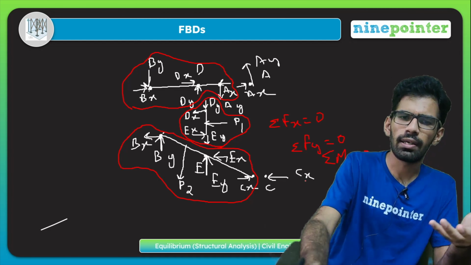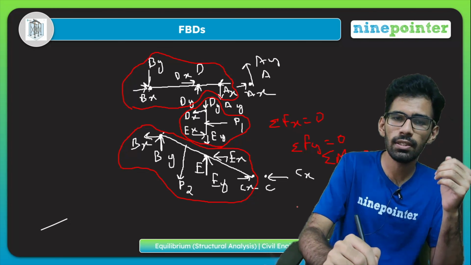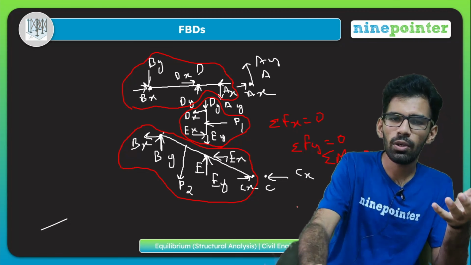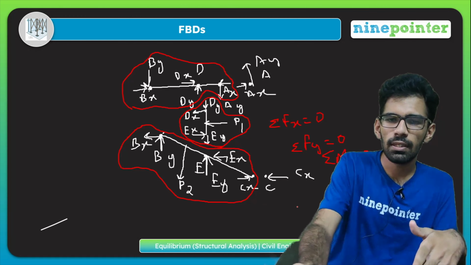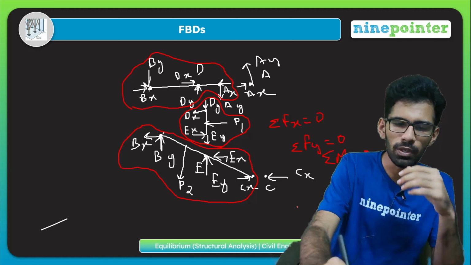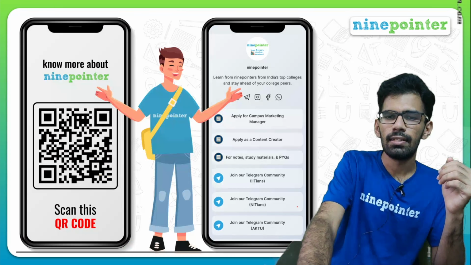I can leave it as an exercise for you to find all the forces. This is relatively easy, and even if you might not be able to find all the forces, you can at least represent them in terms of P1 and P2, right? So I hope you'll try this, and that's it for today.